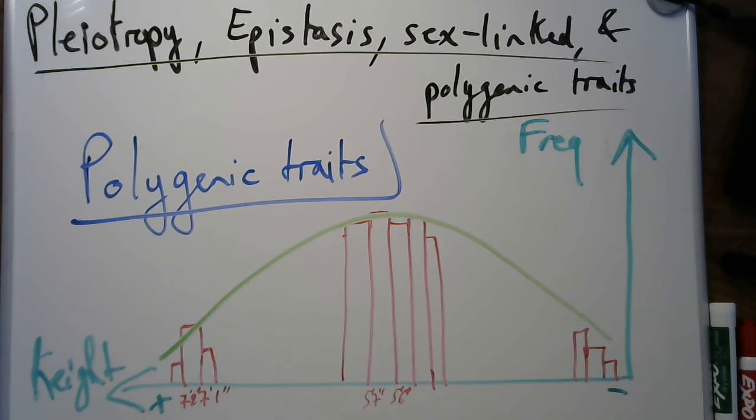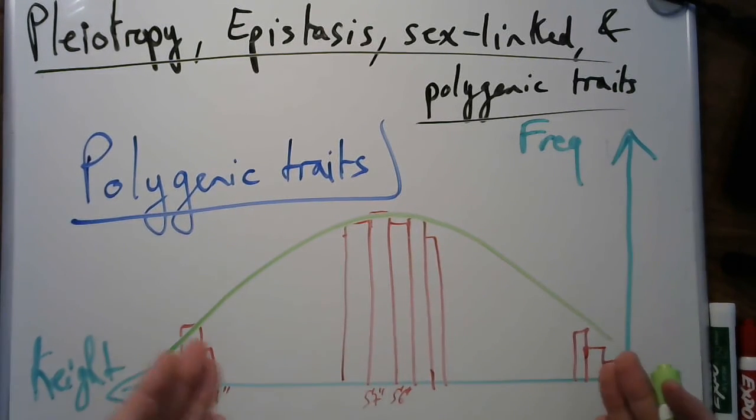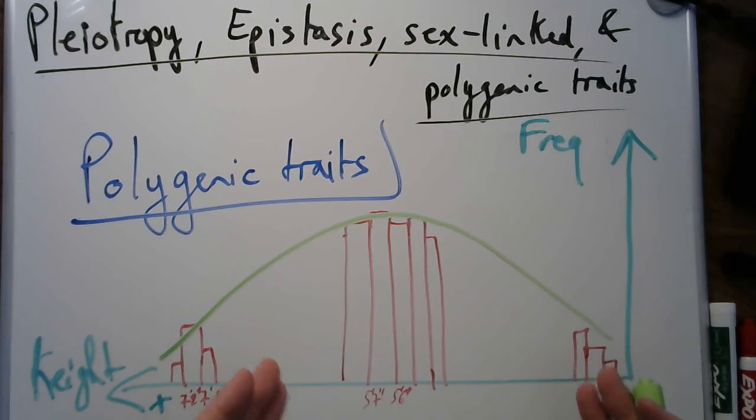Now that we know that, when you see the distribution of height in the human population, it's screaming in your face, telling you several genes are controlling height. Because if it was one gene, you maybe have 3 or 4 alleles, so you will have 3 or 4 bars. Maybe 8 if you have a combination of alleles or intermediate phenotypes with incomplete dominance. But you will end up with a number of bars that would be really discrete.